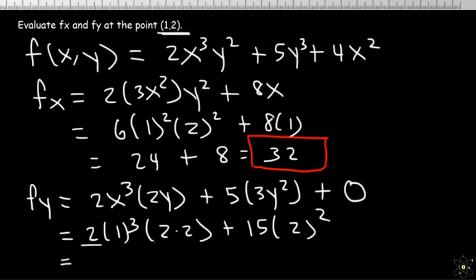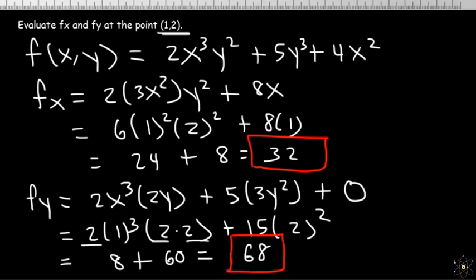So here we have 2 times 2 times 2, which is 8. 2 squared is 4 times 15, that's 60. 8 plus 60 is 68. And so that's all you need to do in order to evaluate the derivative at the point. Find the derivative and plug in the x and y values.